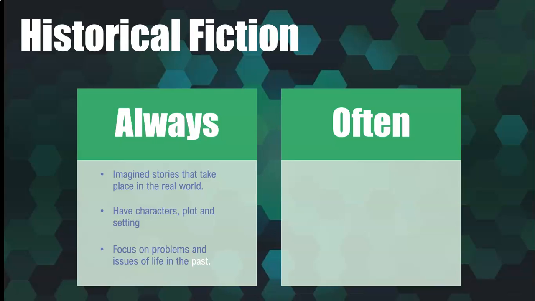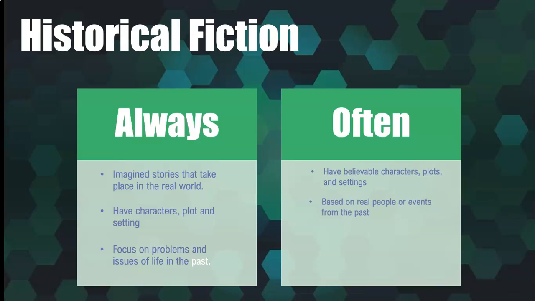Often, though, historical fiction stories have believable characters, plots, and settings. And Mr. Remedies went over what makes a setting believable in previous mini lessons. So historical fiction will often have believable characters, plots, and settings.